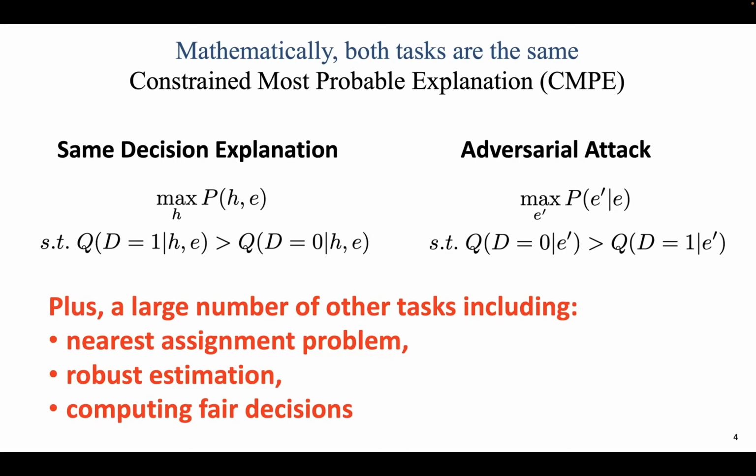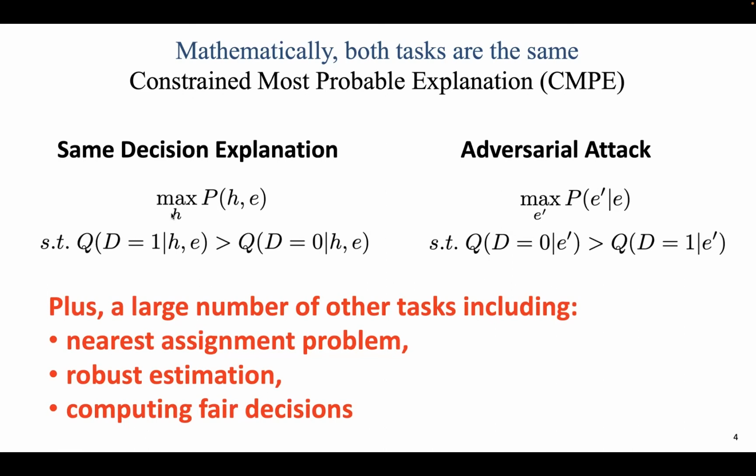We call this unifying task the constrained most probable explanation task, or CMPE task in short. Mathematically, the first task, the same decision explanation task, is to find this explanation H, namely an assignment to the patch in our example, that maximizes the probability according to the generative model P, such that the decision made by the discriminative model Q, which was 1 in this case, remains the same.